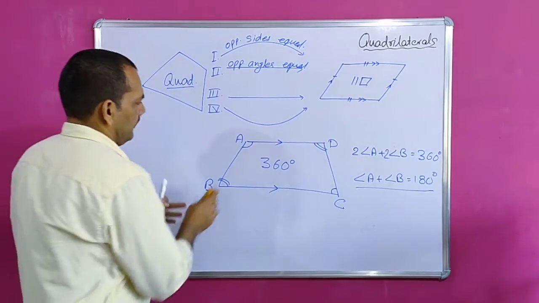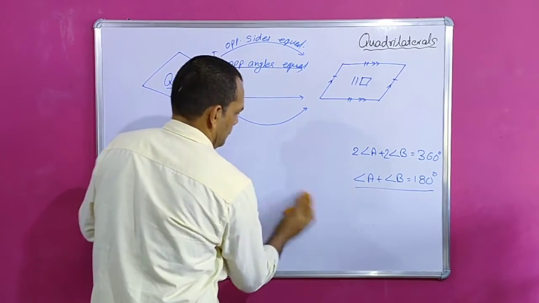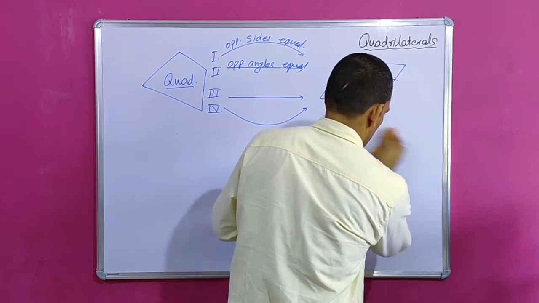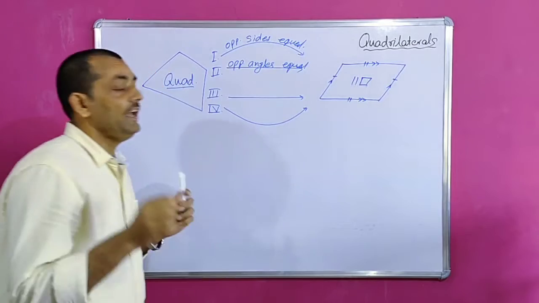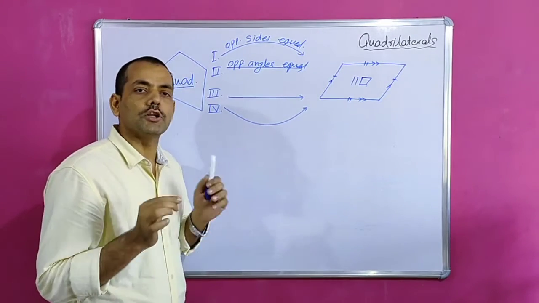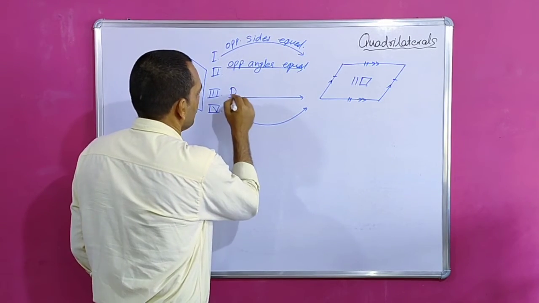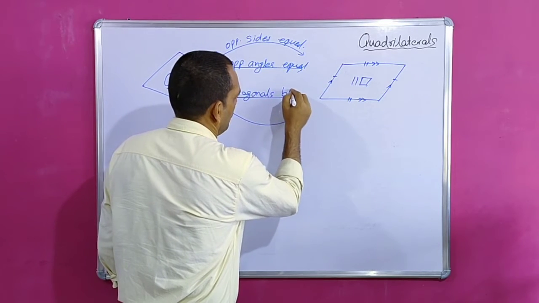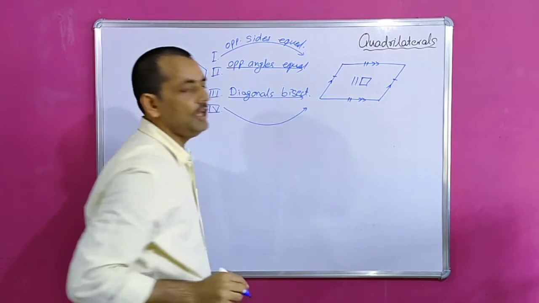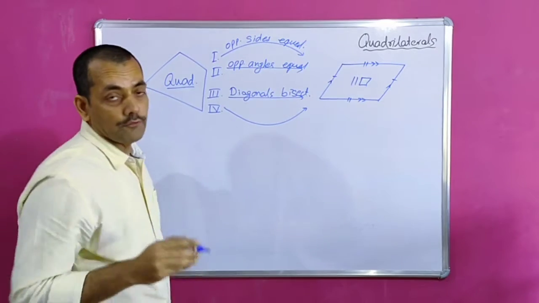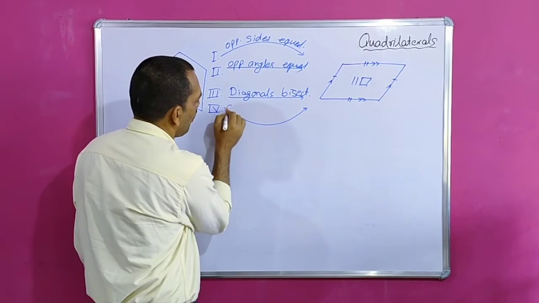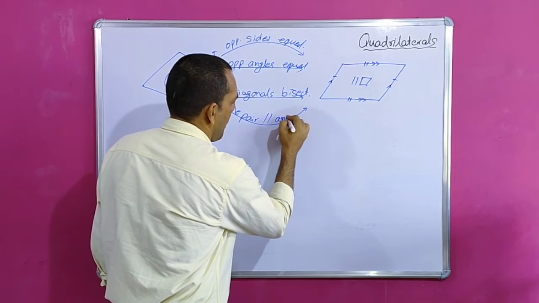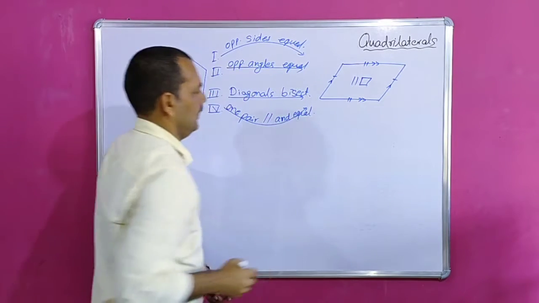Coming now to the third one: if diagonals bisect each other. And the fourth property is one pair parallel and equal.